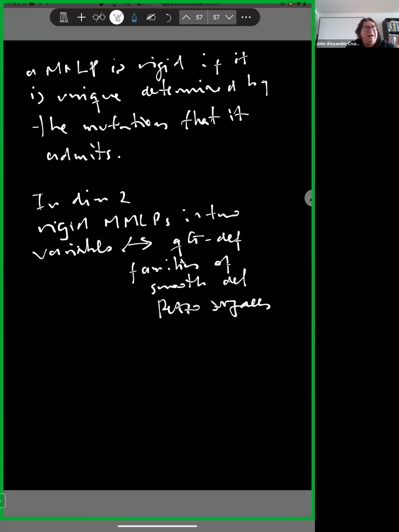We cannot avoid the singularities like what happened in dimension 2 and 3, because in dimension 2 and 3, these Gorenstein terminal varieties with quotient singularities are smooth, but not in dimension 4 and higher. So this makes the picture a little bit more complicated.